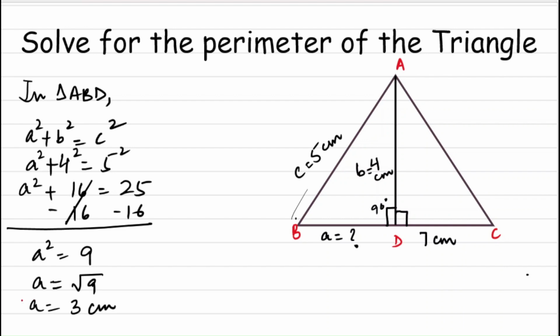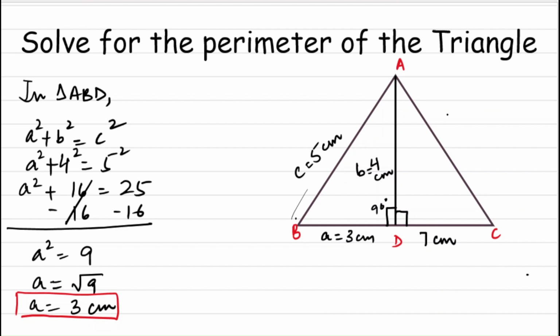Where is a in the picture? Let's erase this question mark and put a as 3 centimeter. So I have this as 5, this as 3, this as 7. Now what is left? To find AC, correct?